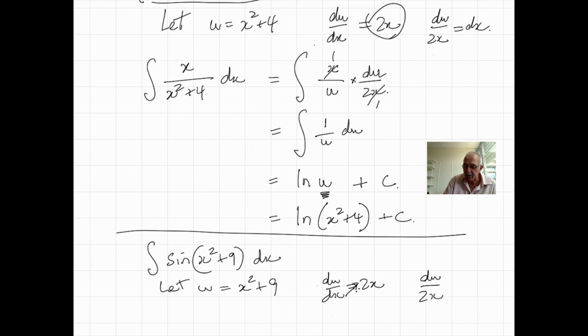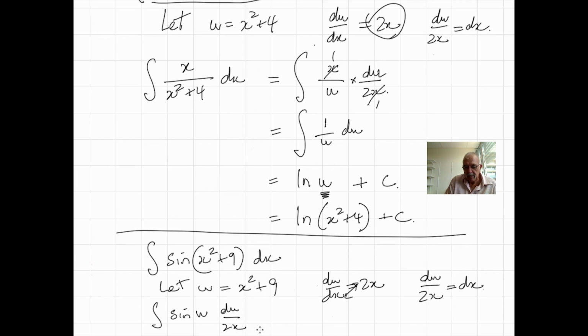And then when you do the substitution, you get the integral of sine u, and instead of that dx, we put du over 2x.